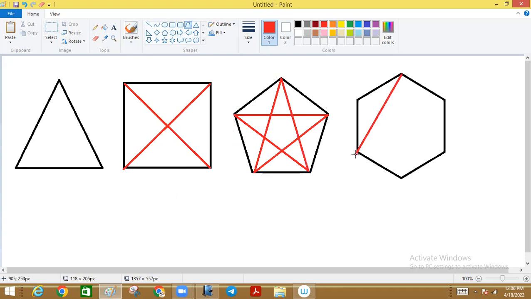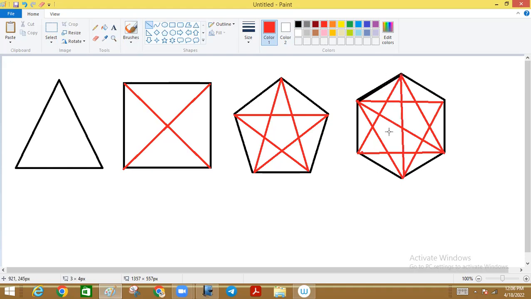Hexagon, 1, 2, 3, 4, 5, 6. Then after you can draw 7, 8, 9. How many diagonals? 9 diagonals.